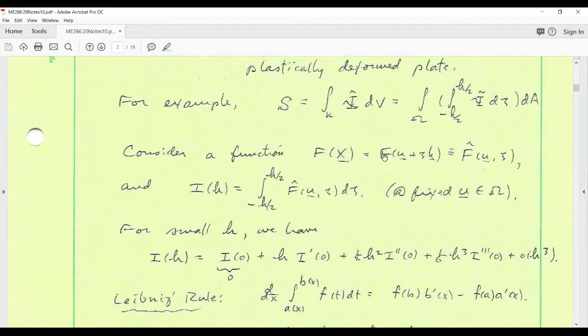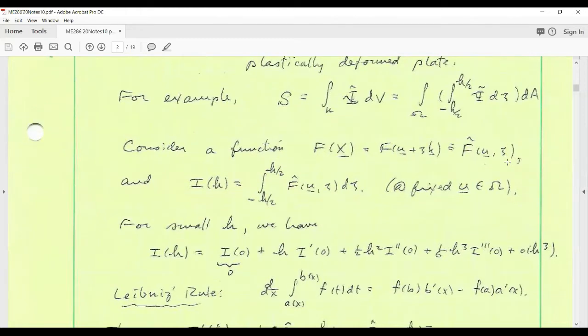Write capital X as u, the two-dimensional position on omega, plus zeta k. k is fixed, right? The variables here are u and zeta. So this becomes some function of u and zeta. As you move around in the three-dimensional body, it's u that changes and zeta changes, k never changes. So the functional dependence is on u and zeta.